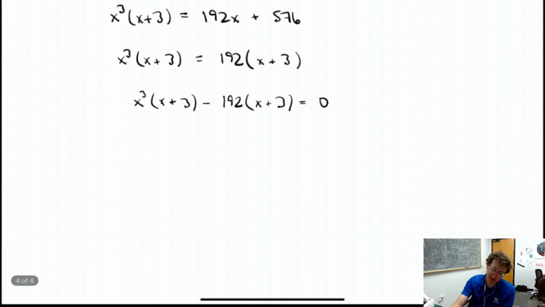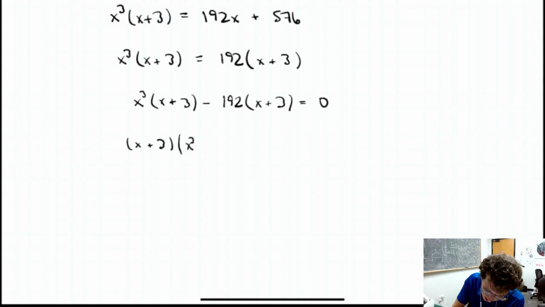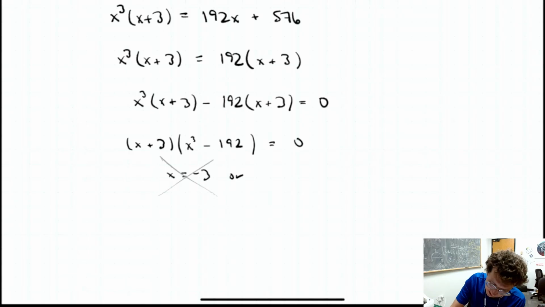What you do instead of canceling is you factor. I bring everything to one side of the equation. I factor out the x plus 3. I'm left with an x cubed minus 192. So x is -3, and we already said -3 is not in the domain.